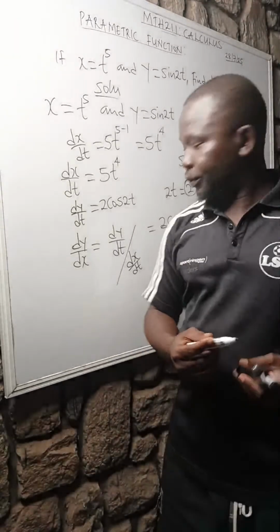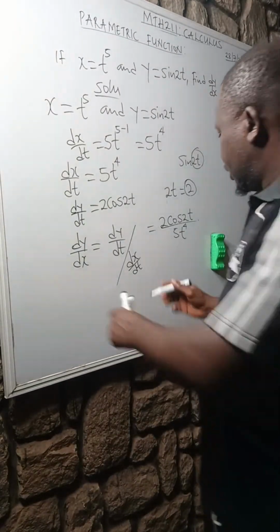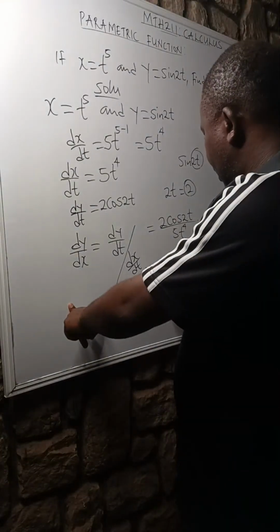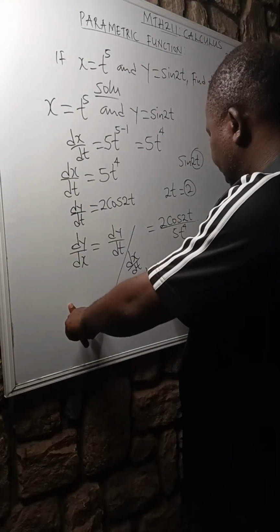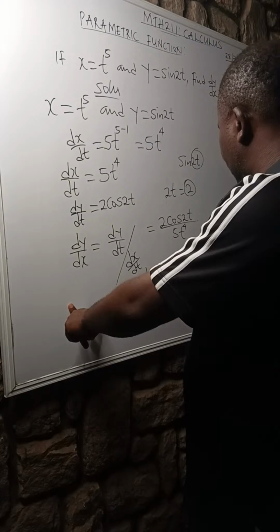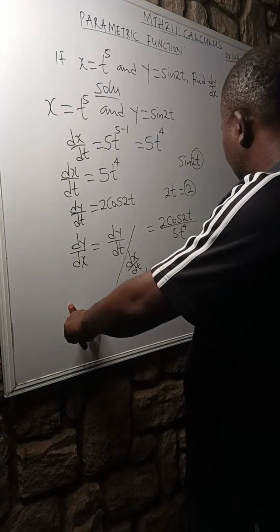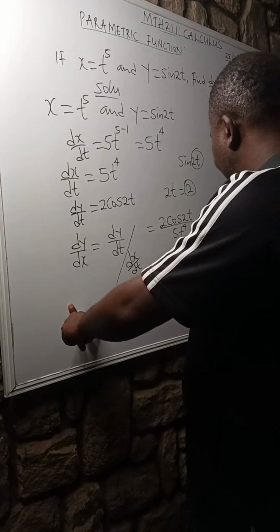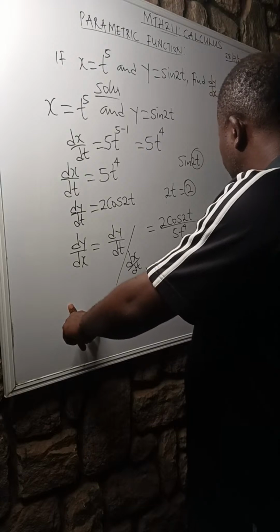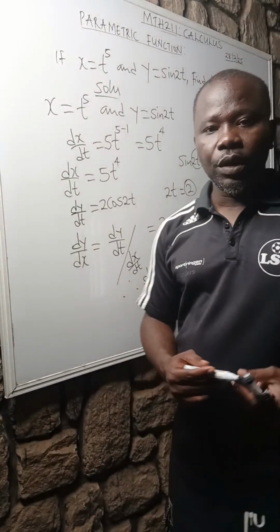That is all. Any question? So therefore, our dy all over dx is equals to 2 cos 2t all over 5t raised to the power 4. Do you agree with me?